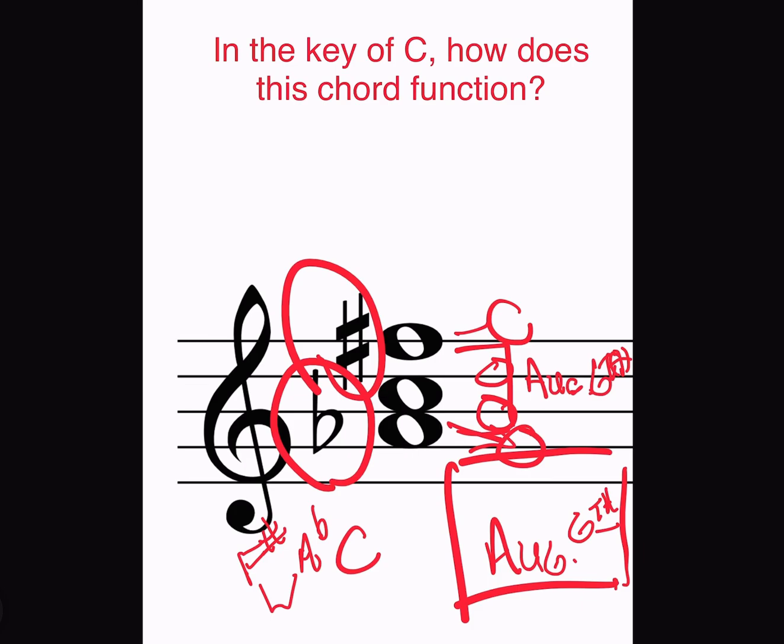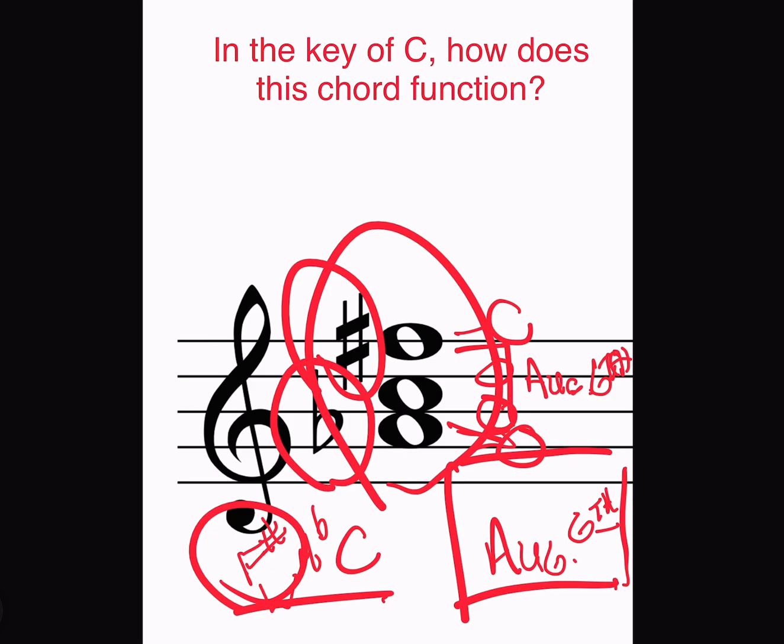The last thing I want to say about it is the way these chords can function, depending on how they're spelled, you can do a number of different things. So it gets a little bit tricky. If you look at this chord the way it's spelled right now, some of you might say, well, hey, if I label the F sharp instead as a G flat, then I would have A flat, C, and then a G flat.